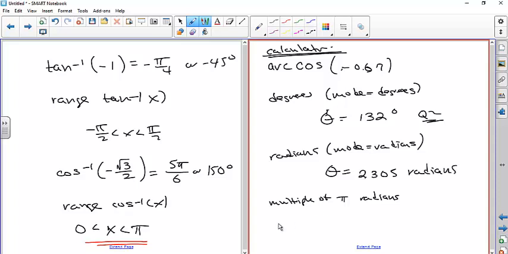The third number, I want you to take 2.305 divided by 3.14159 times pi. Now I wrote this out as a number to show you I'm just doing a division. Everybody's calculator has pi in it, so just use pi. So if I take 2.305 divided by pi, that gives me 0.734 pi.